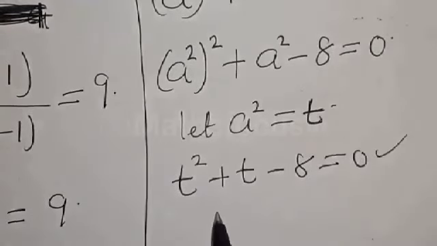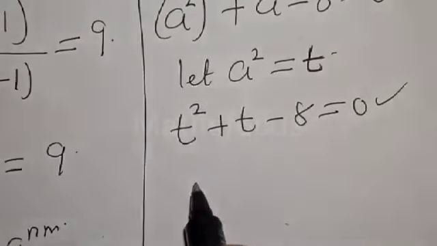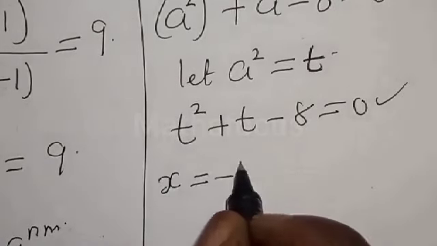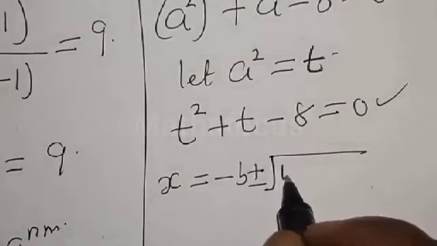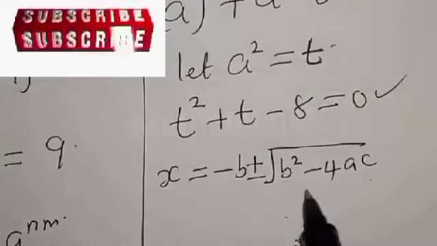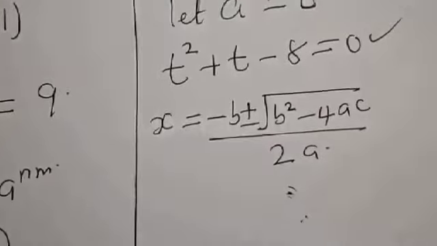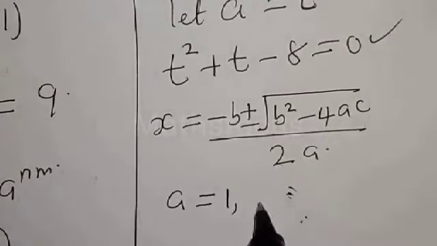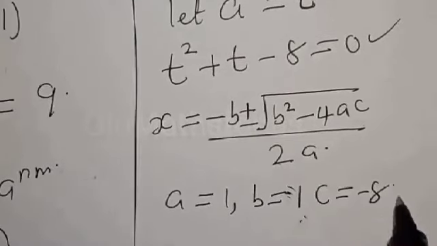This is a quadratic equation, and this can be solved by using the quadratic general formula. Our quadratic formula is given as x is equal to minus b plus or minus square root of b squared minus 4ac, divided by 2a. Then from here, a is equal to 1, b is equal to 1, and c is equal to minus 8.